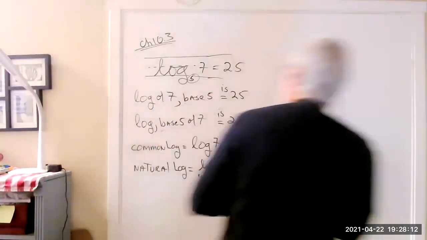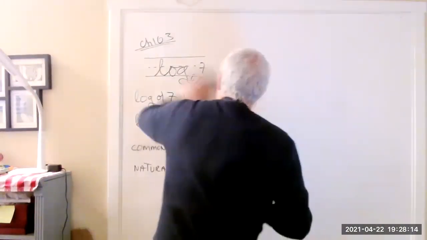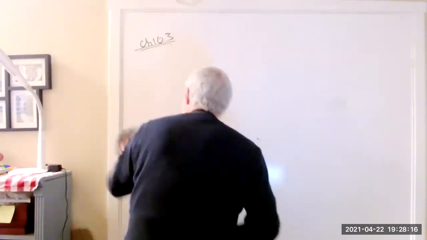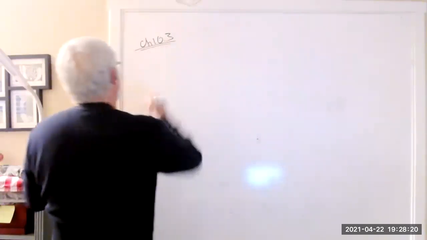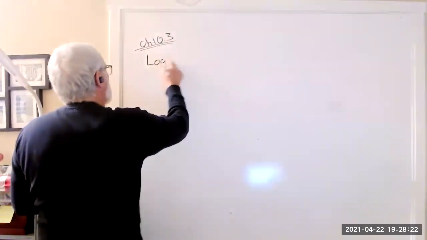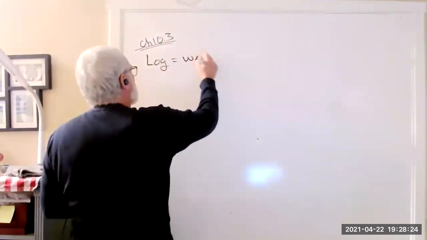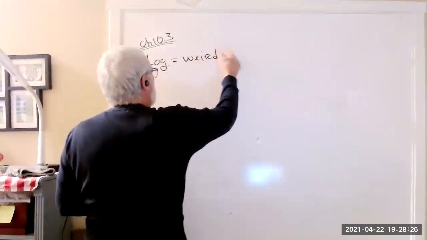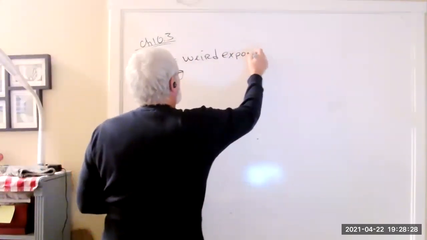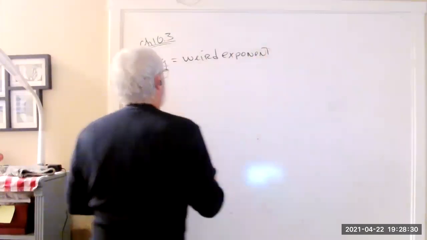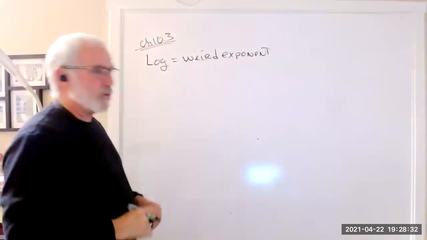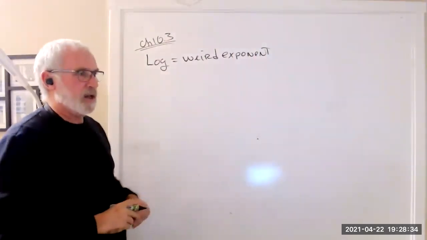So here we go. A logarithm, a log, is a weird exponent. A logarithm is a weird exponent.